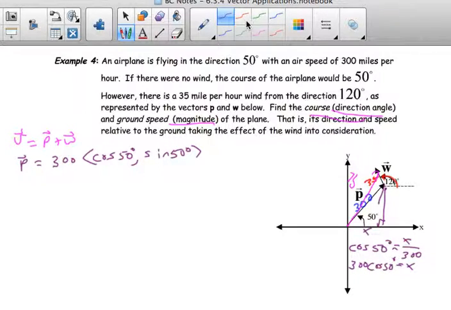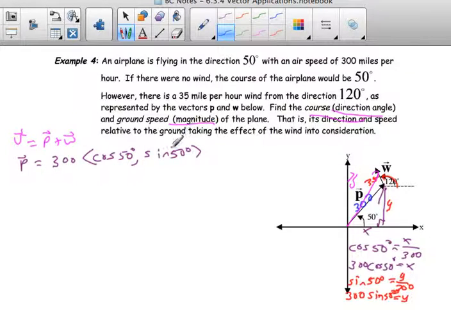And likewise, if this length is y, and I want to find the vertical component of the vector P, I could say that sine of 50 degrees is equal to the opposite side, which is y, over the length of the hypotenuse, which is 300. And I could solve this for y, and I would get y is equal to 300 sine 50. So to generalize, we can always take the magnitude of the vector and then break it down into cosine of the direction angle for the x component and sine of the direction angle for the y component.